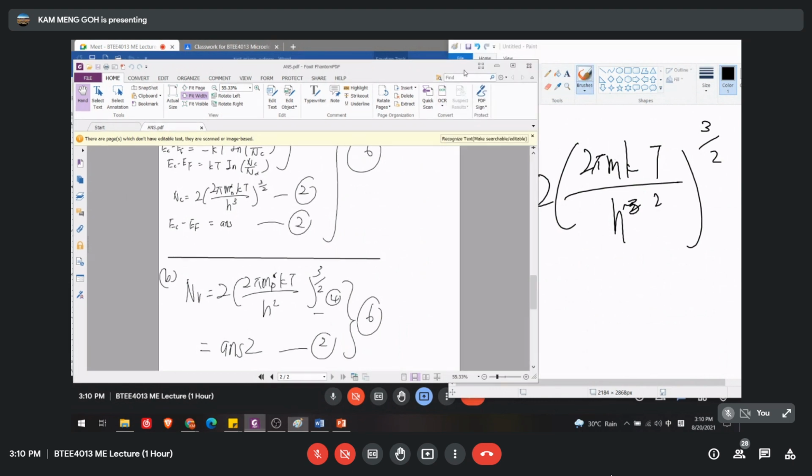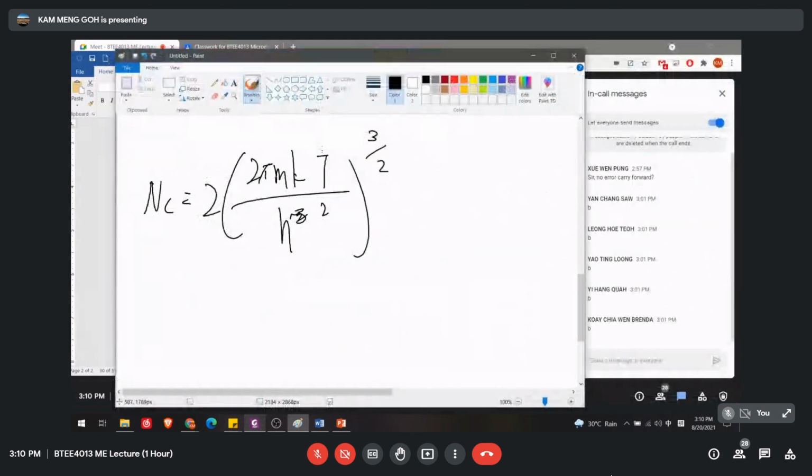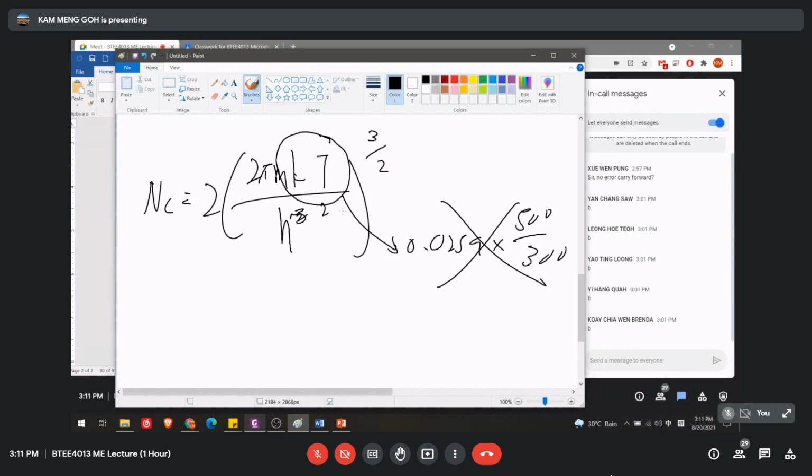Whenever you are doing this, the common mistake is in the KT part. Some of you just use 0.0259 multiplied by, let's say, 500 over 300. This thing is not done this way, because when you are doing this, you cannot calculate in the eV form. You must calculate in the Joule form.